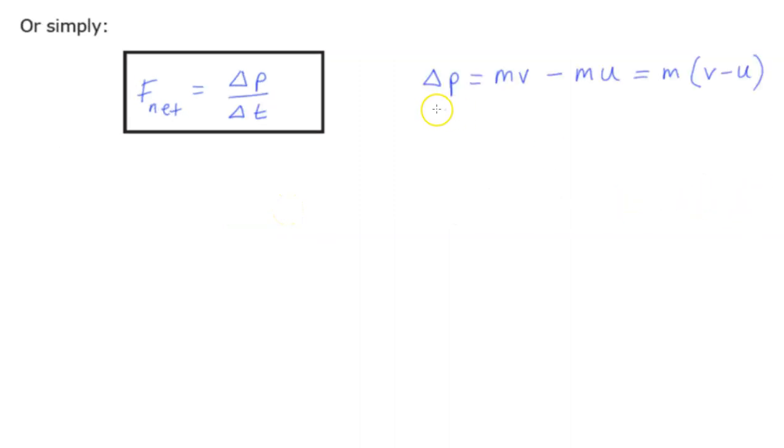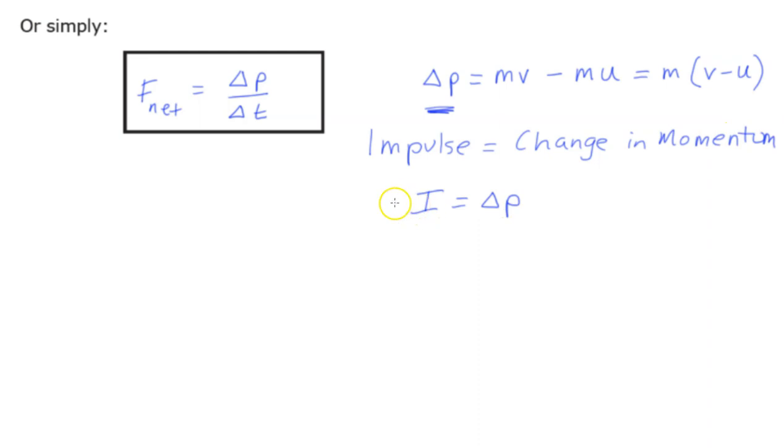Another term that we use for change in momentum is impulse, or in symbols, J.